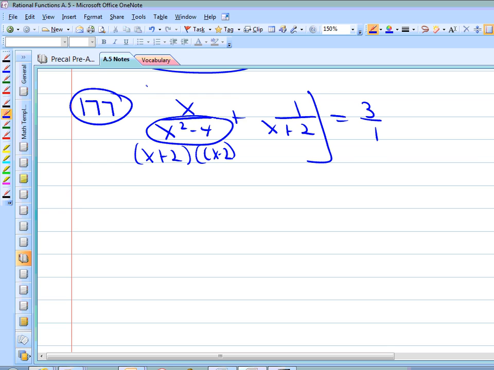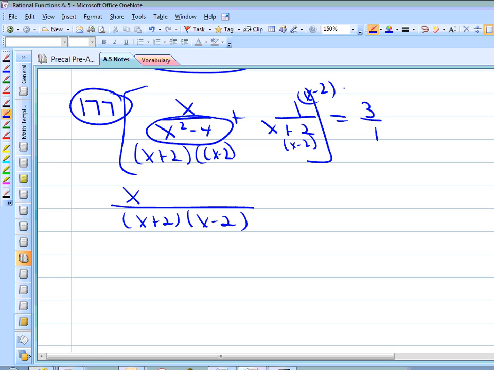So let's look at this side of our equation, and that is going to become our common denominator, x plus 2, x minus 2. This already has that, so the x just stays. This x plus 2 needs an x minus 2 at the top and the bottom. So 1 times x minus 2, and this is plus, would be just plus x minus 2.